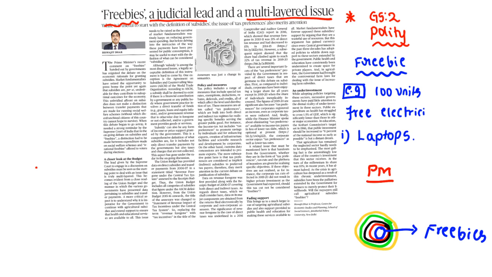So when you are considering freebies, they should be considered comprehensively, where the issues are covered at a multi-layered level. Clear? So if you want to go for the blue freebie one, you have to take all the things, you have to tear all the layers of yellow, green, black, red, right? So this is the concept of a multi-layered issue.